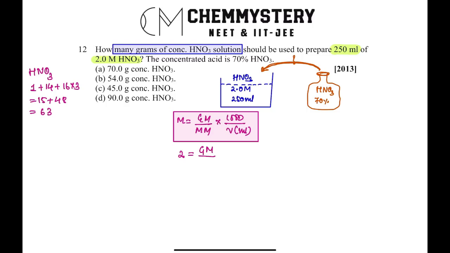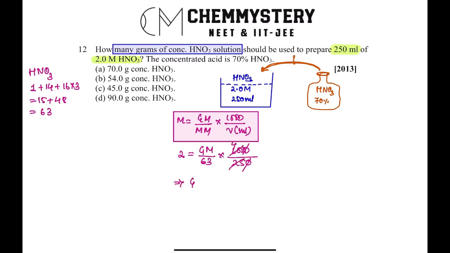Let's put here 63 as the molecular mass, into 1000. What is the volume they are asking us to prepare? 250 ml. 25 4s are 100.